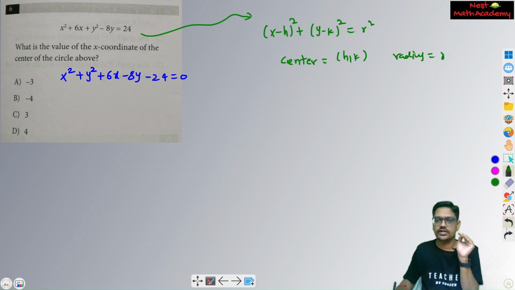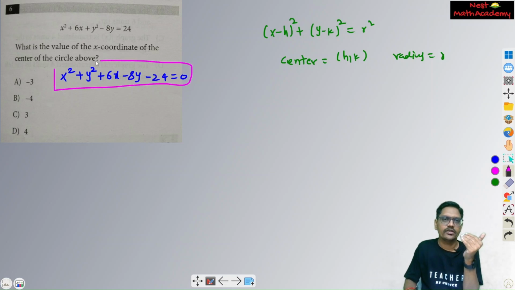But the first method, what I am trying to tell is that if you expand this, what do we have? An x square term, a y square term, there is an x term, there is a y term, there is a constant. So we can remember this as the general equation of a circle. The x square coefficient and y square coefficient should be 1 and 1.